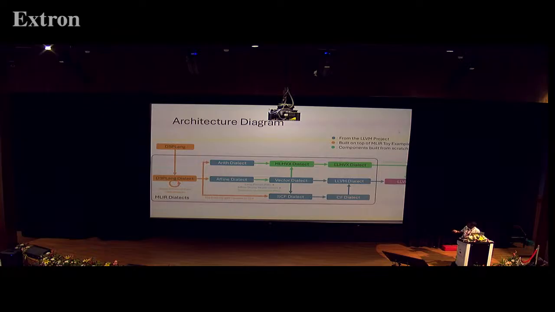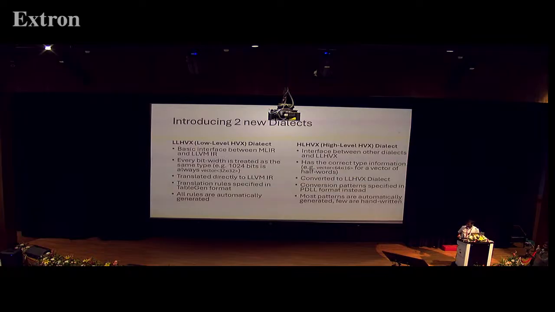The main contributions of this project are these two new dialects, the HLHVX dialect and the LLHVX dialect, which eventually help you lower any dialect to LLVM IR. The LLHVX dialect is a direct interface between MLIR and LLVM IR. Currently the Hexagon intrinsics are not exposed to MLIR, so this is the first open source project to do this.